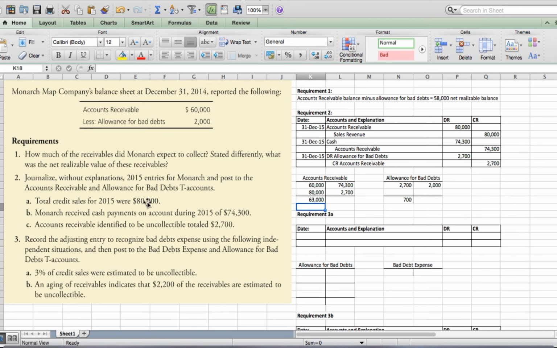So if you're tested on this, you're either going to get that number of net credit sales in the earlier part of the problem like we did here, or in the actual question it will say you had $80,000 worth of credit sales for the year. We've determined 3% of those are uncollectible. Using the percent of credit sales method, what's our estimate for allowance for bad debts?